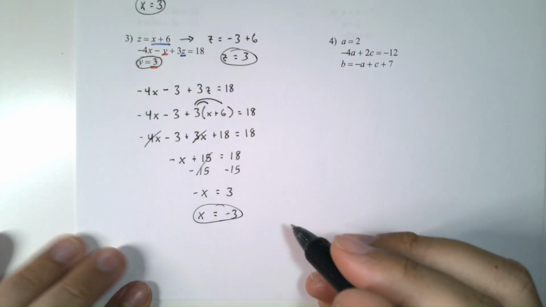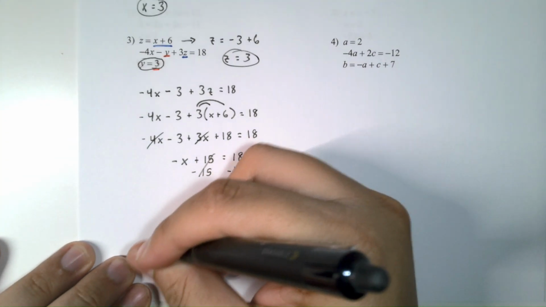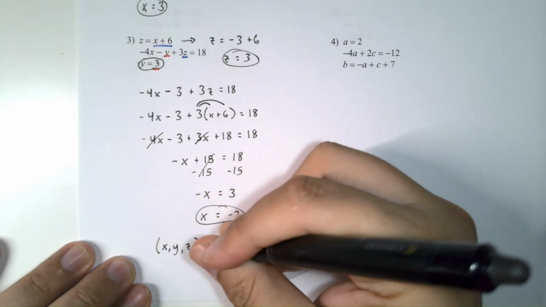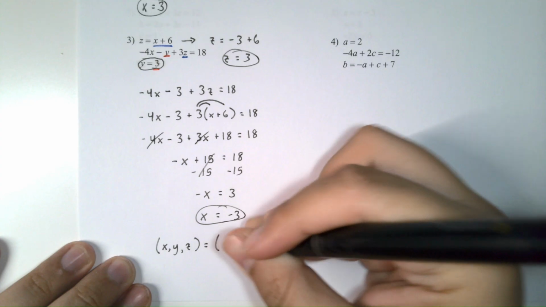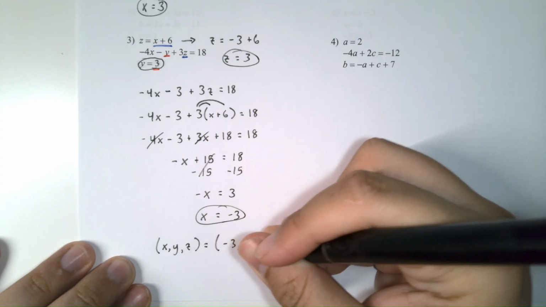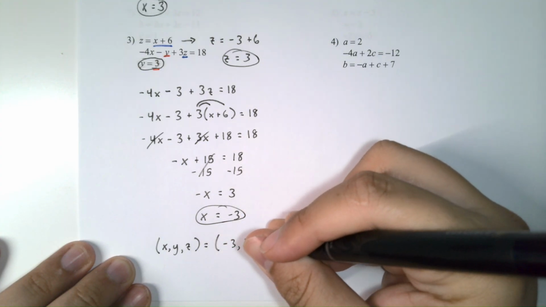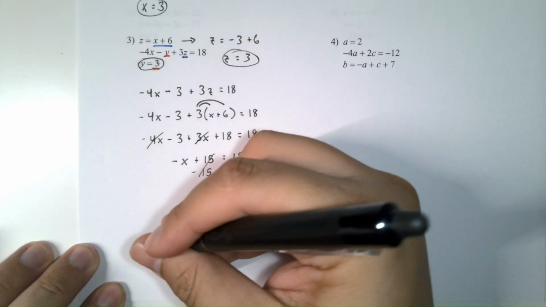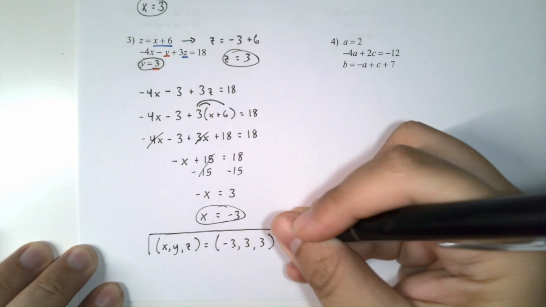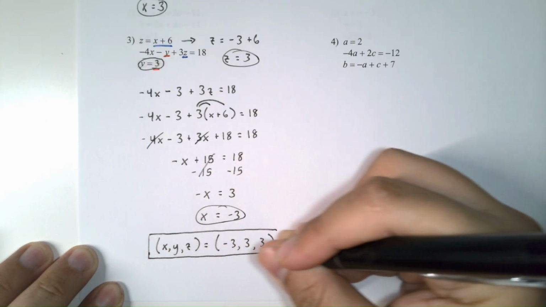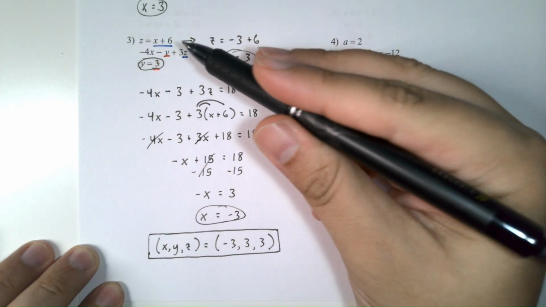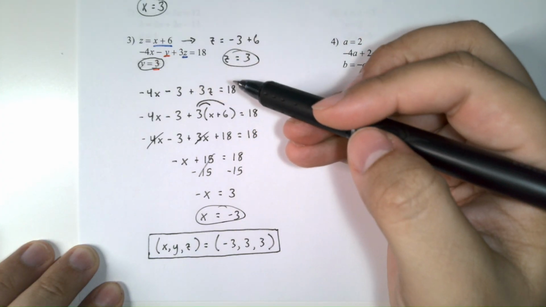Since we know what all three of our variables are, we have x, y, z is equal to negative 3, positive 3, and then also positive 3. A lot of 3's here. But this is going to be our solution. So all three of these numbers for x, y, and z will make each of these equations true.